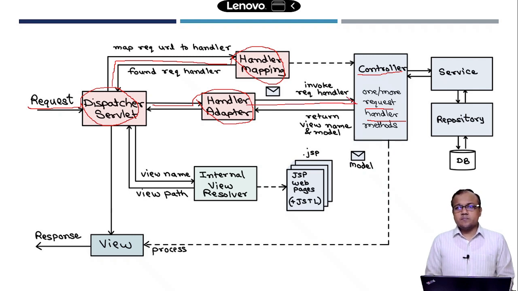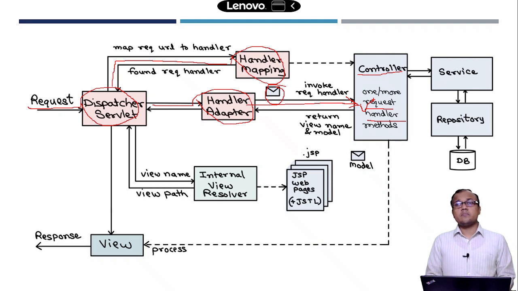In this process, if any data is coming in a request parameter, that can be collected into a POJO object if specified in the request handler method argument, and then the controller request handler method will be executed.